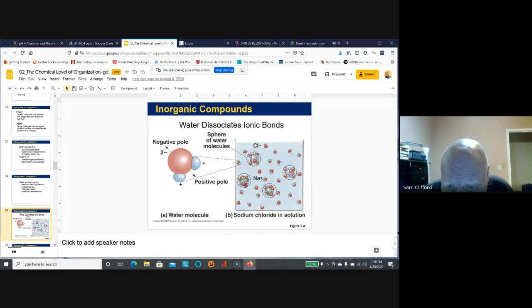The negative parts of the water molecules surround the sodium and cause it to dissolve. That's why water is a universal solvent, because it's charged and it can arrange itself around various molecules to cause them to separate from a crystal.